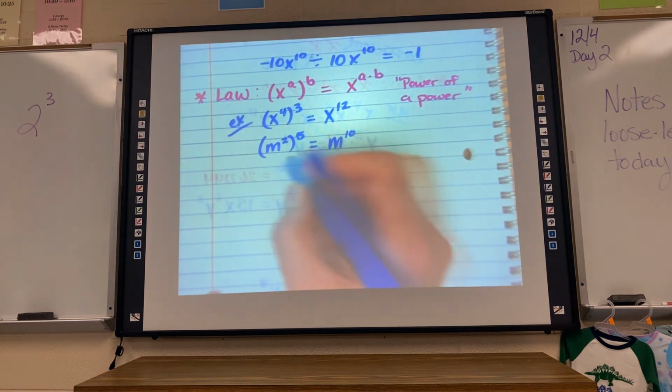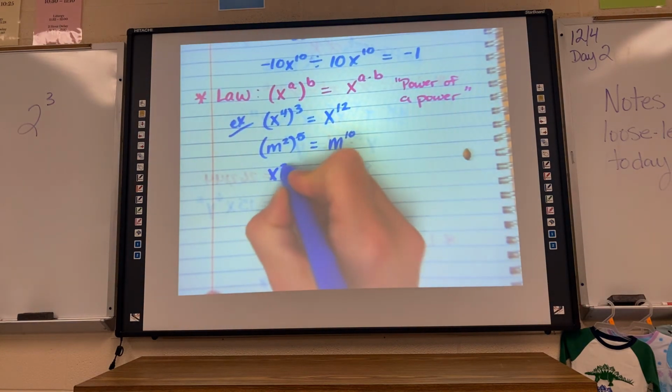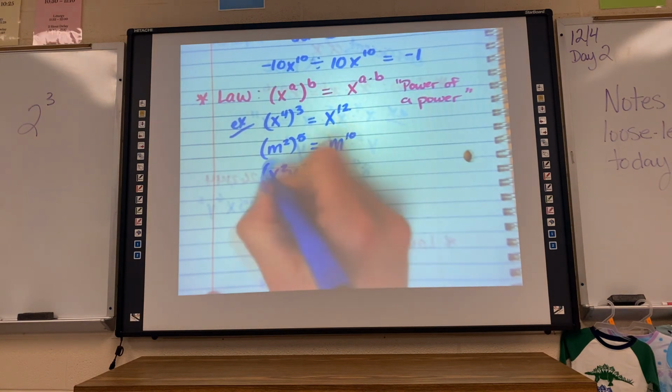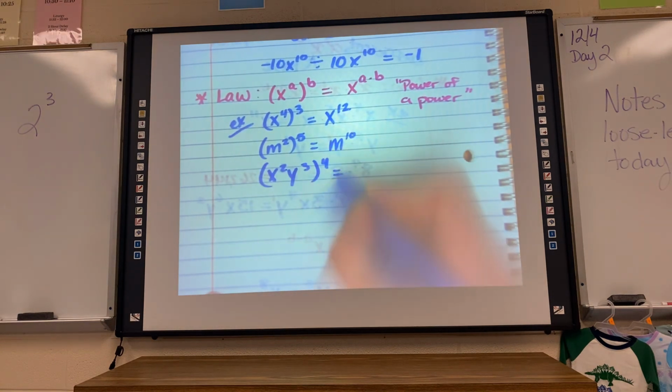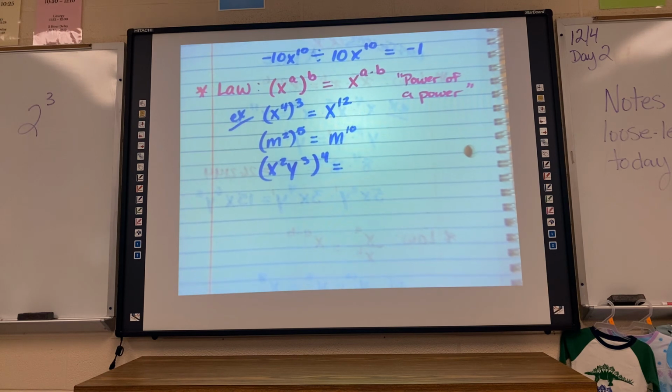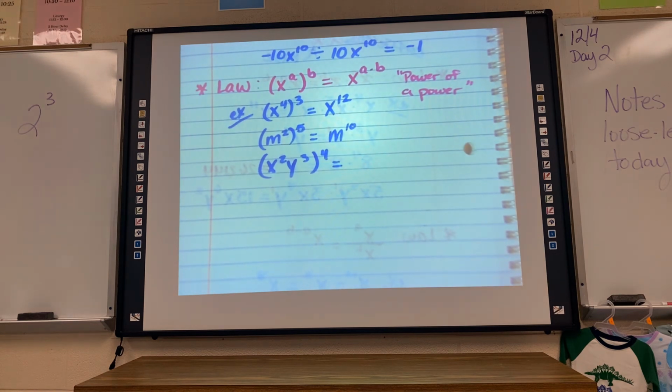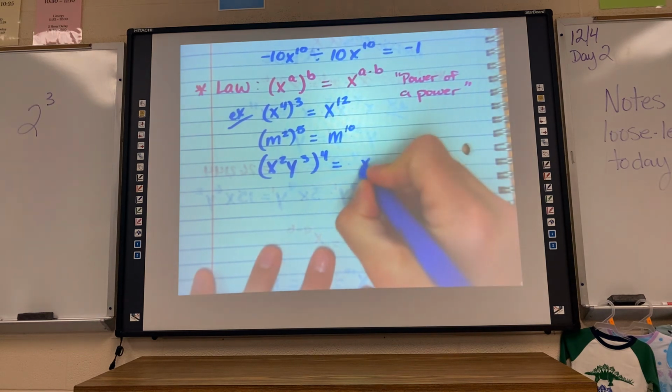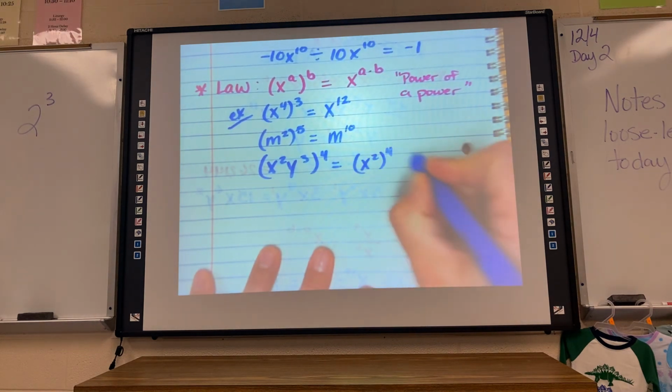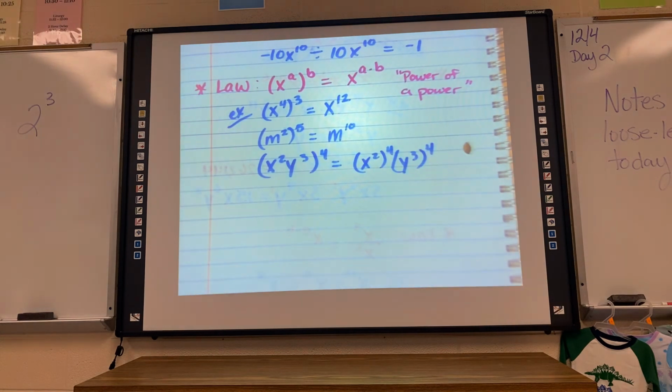Okay, let's do a bigger one here. What if I have x squared y to the 3rd all raised to the 4th? So this goes back to what Ava said. This is technically x squared raised to the 4th times y cubed raised to the 4th. You're distributing that exponent to all the terms in the parentheses.